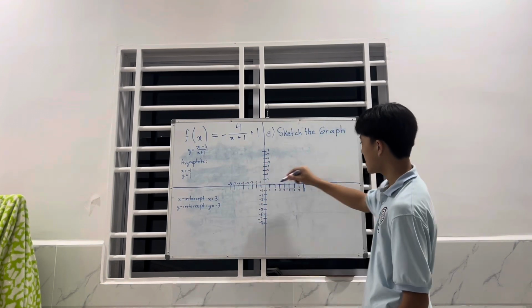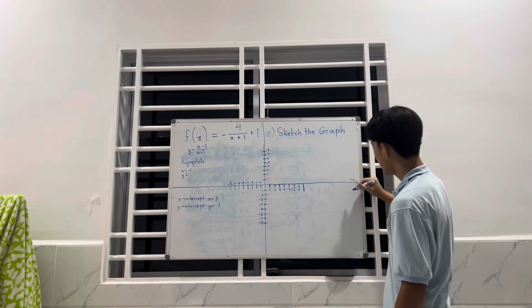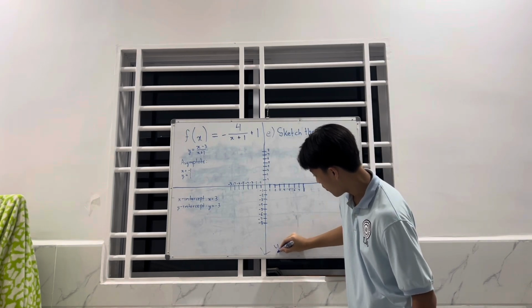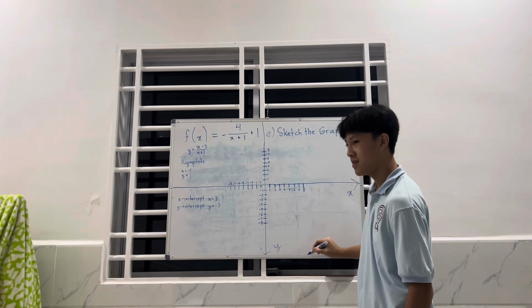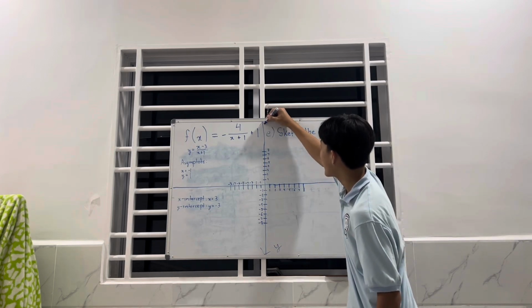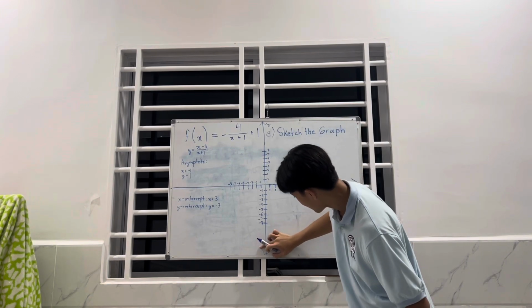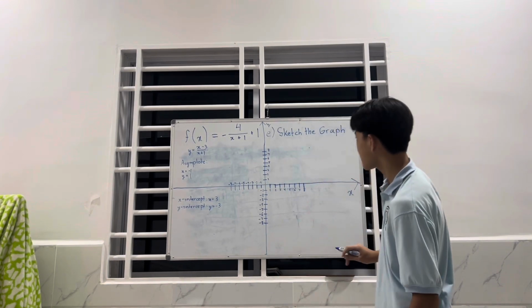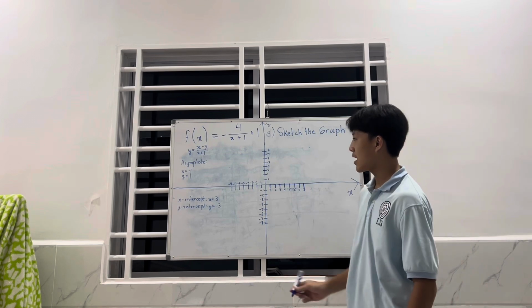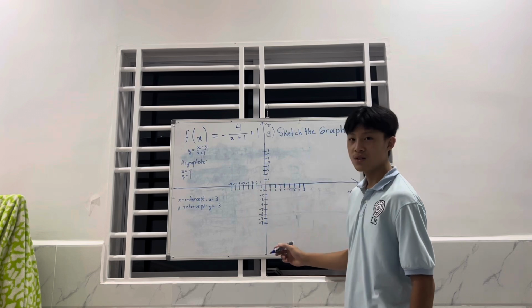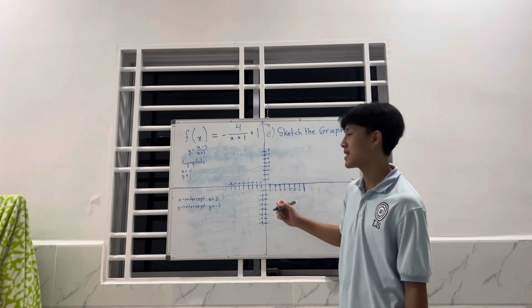Here is the x-axis. As you can see, the x and the y. So now x is equal to -1, which is here. So you're going to draw a straight line like this.